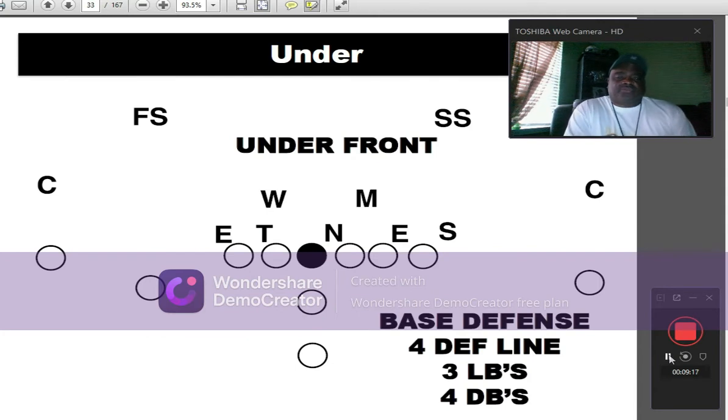Now let's look at a 4-2-5 in an under front. You see what is called an under front. The end is underneath the tight end. And you see they brought the 5th defensive back up. Now he's playing like an outside linebacker, shaded to the tight end. He could be playing head up with the tight end.